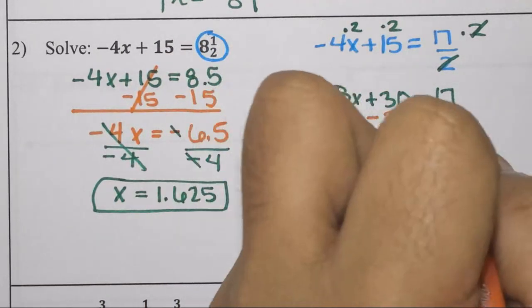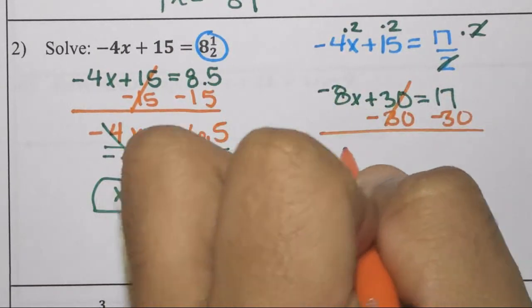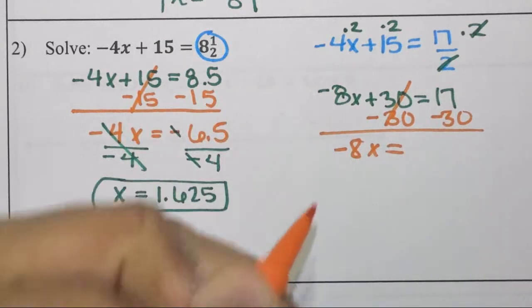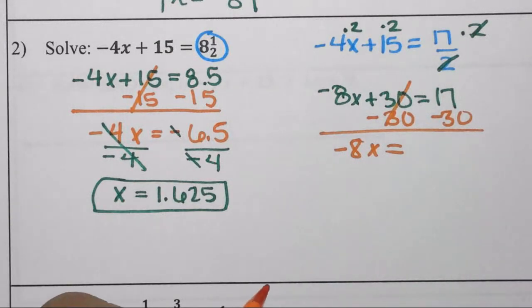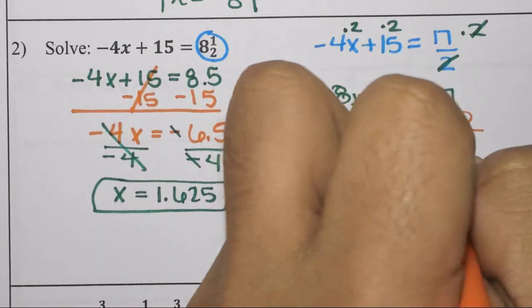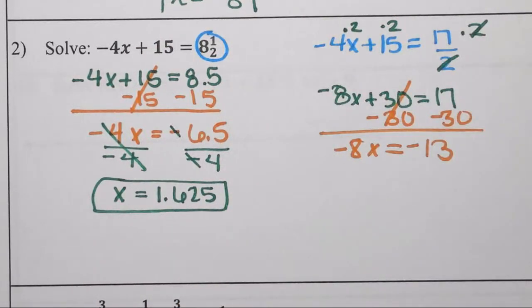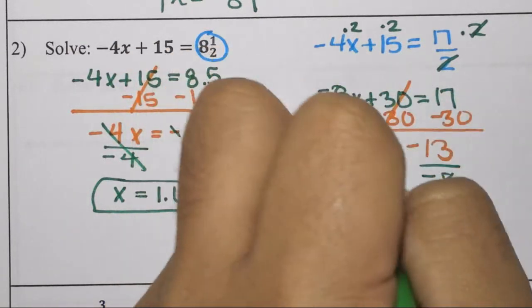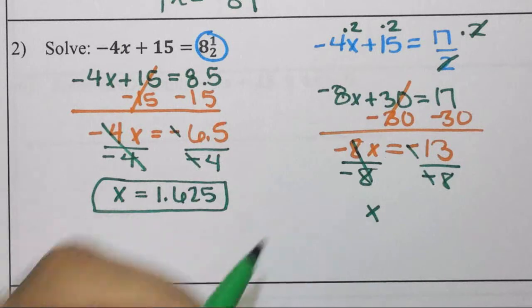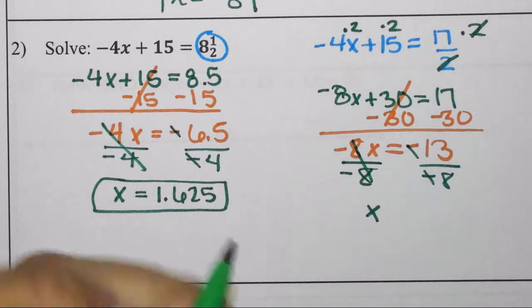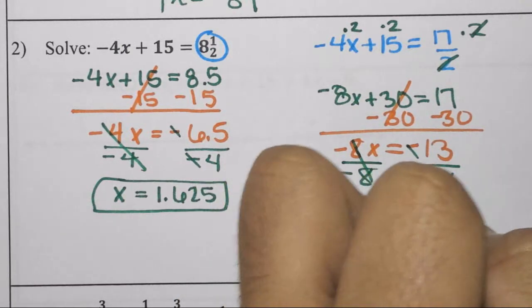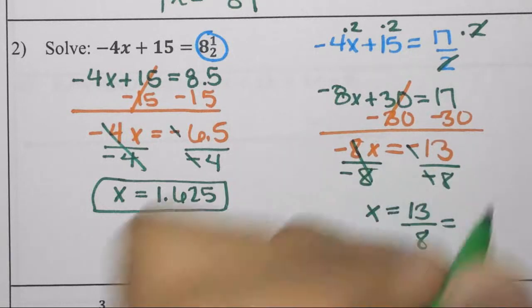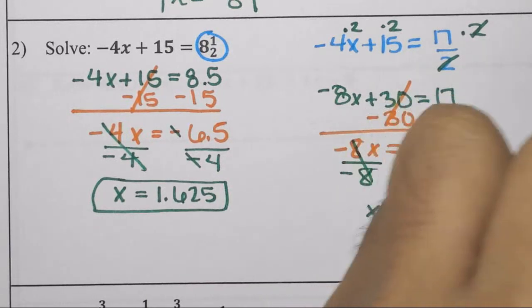Subtract 30 on both sides, so you get negative 8x is equal to negative 13. Divide by a negative 8 on both sides. If you do that and take care of signage, your negatives cancel, and you're left with 13 over 8, which is the same thing as 1.625.